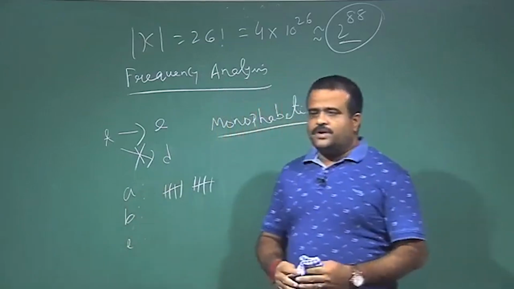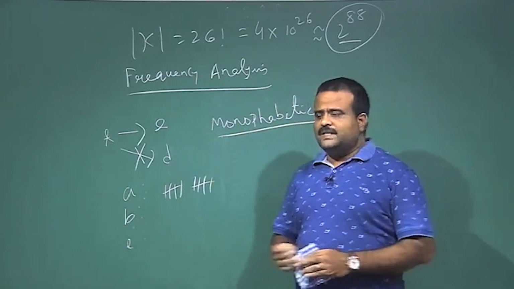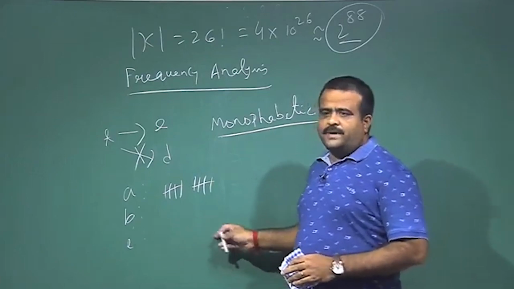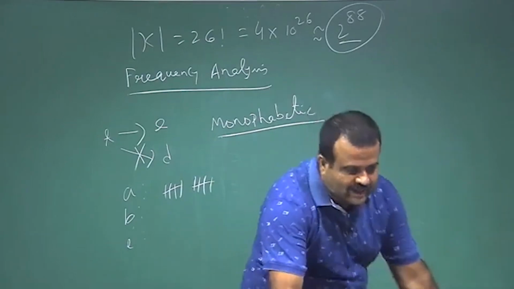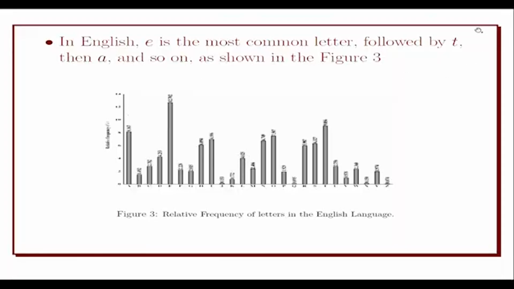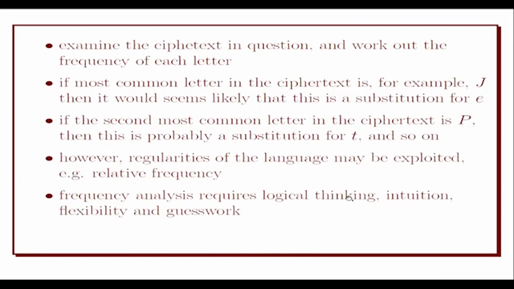It has been observed that if you take a big text, E has higher frequency than T, than A, and so on. So, this is an observation on English text. We want to apply this to our cryptanalysis of the substitution cipher. So, this is how we can apply this.